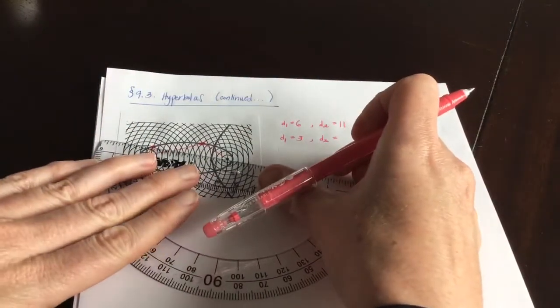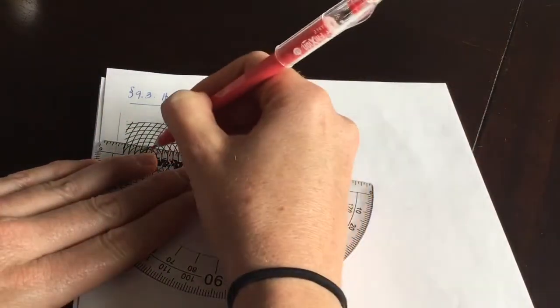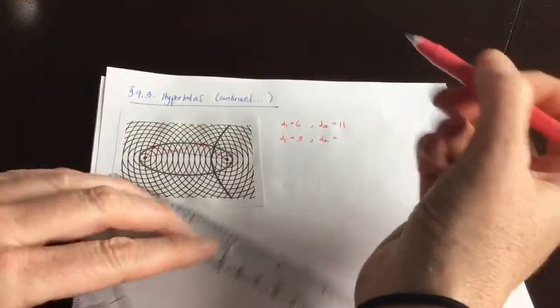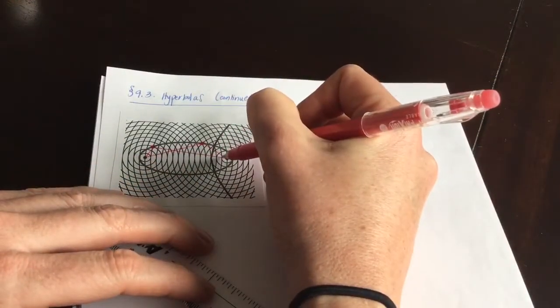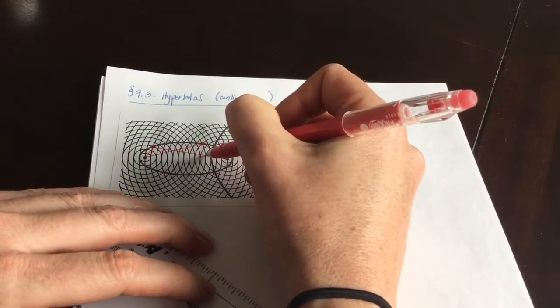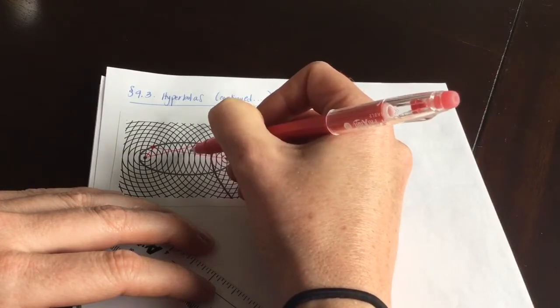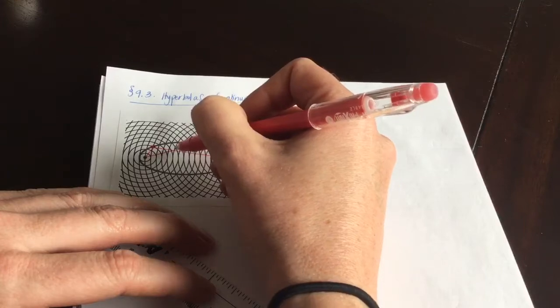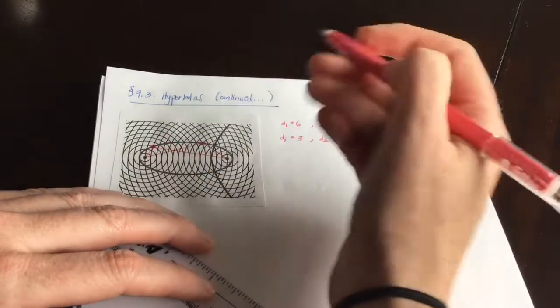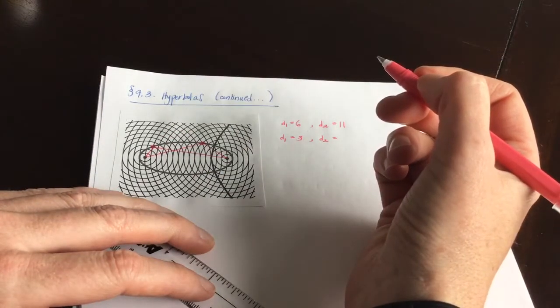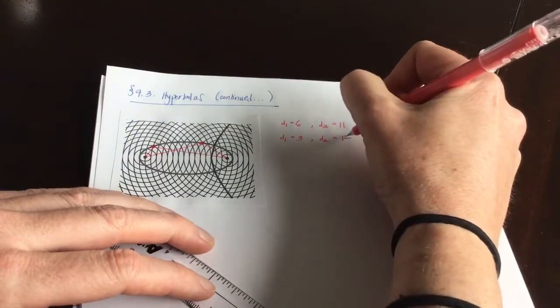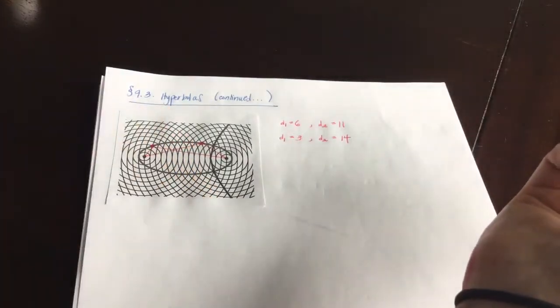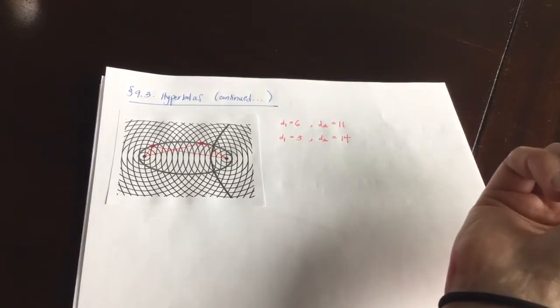Like this distance right here. Could you figure it out without counting it out? Here, I'll count it out. 1, 2, 3. Oh goodness, it's hard. 9, 10, 11, 12, 13, 14. 14, I think. Okay. And was 14 what you would have guessed?